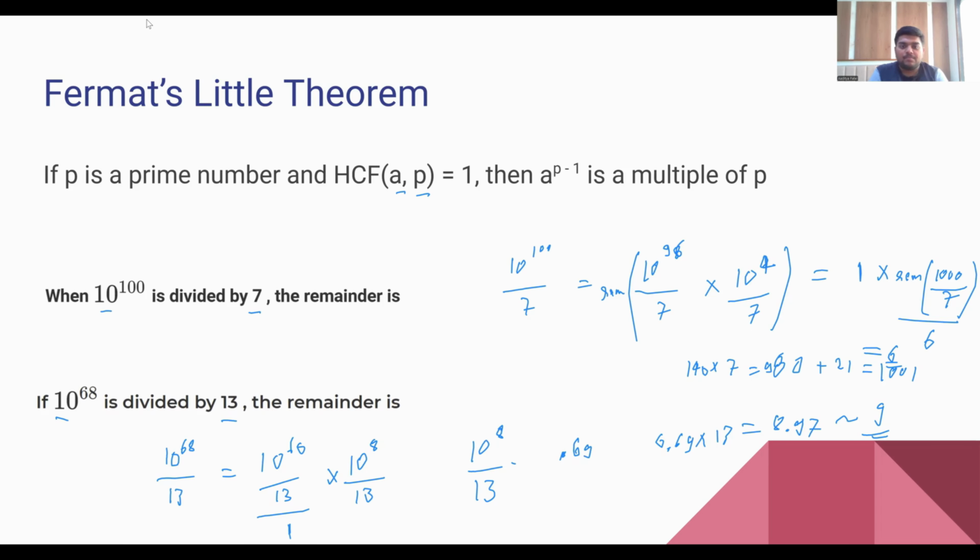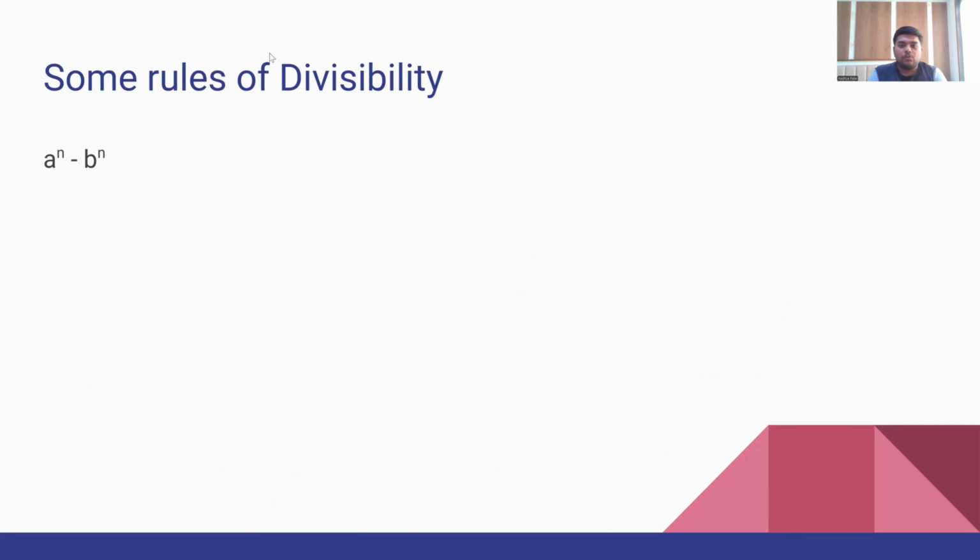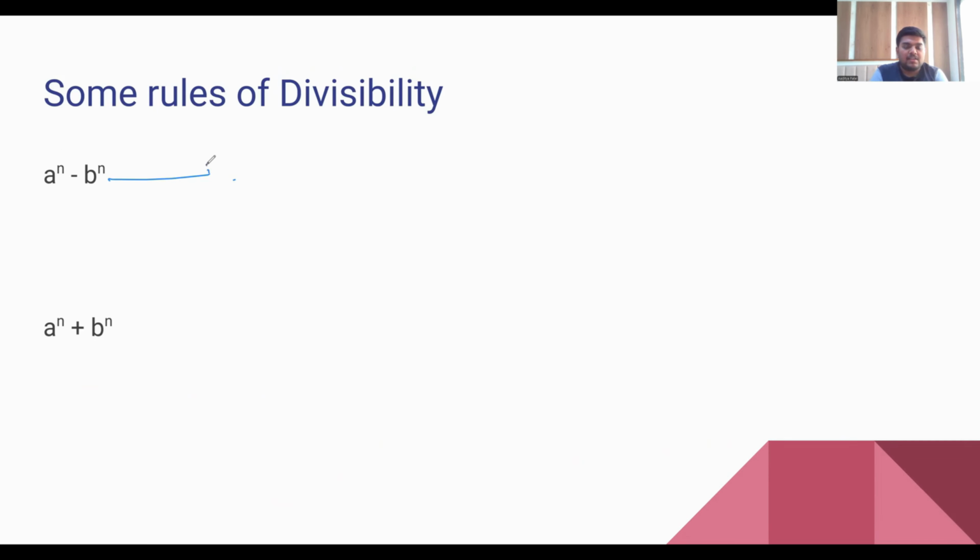Now we will look at some rules of divisibility for a to the power n minus b to the power n and a to the power n plus b to the power n. Now, a to the power n minus b to the power n is divisible by a minus b. Okay. Now, when n is even, then divisible by a plus b.